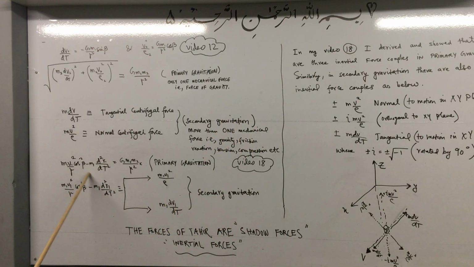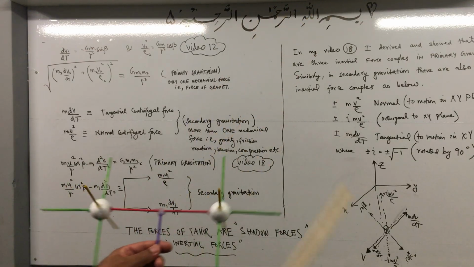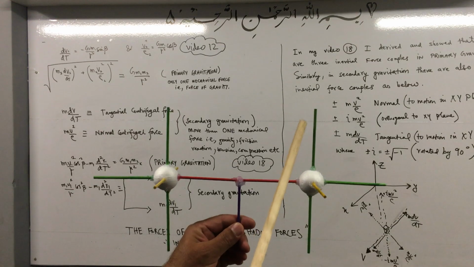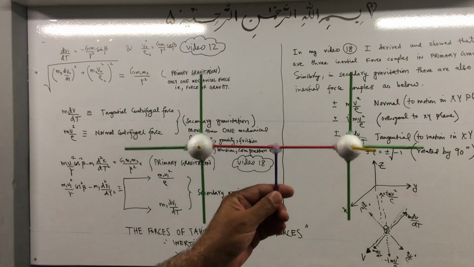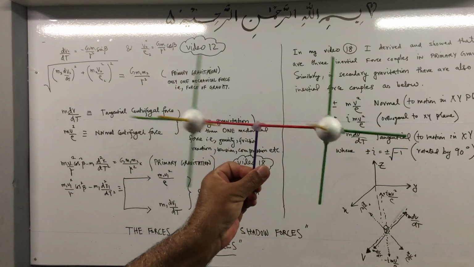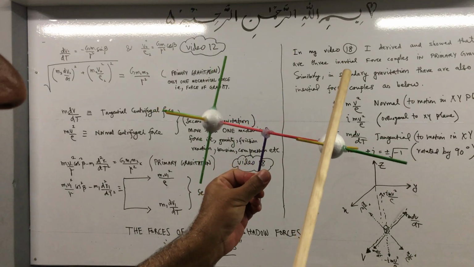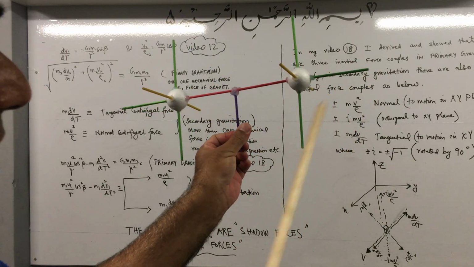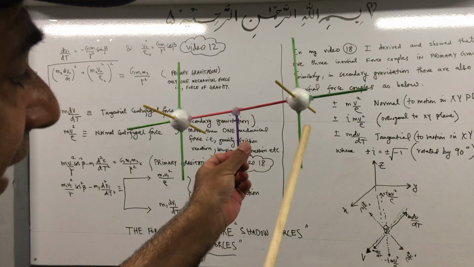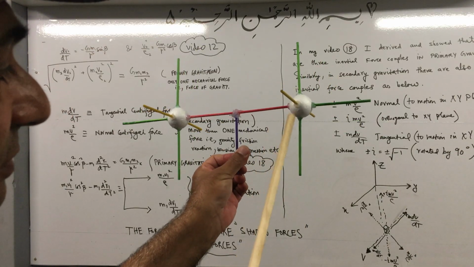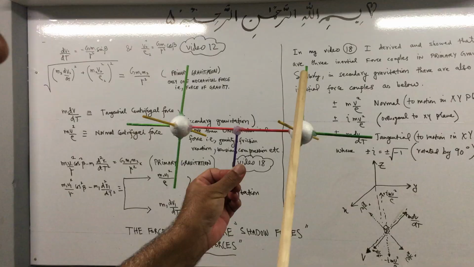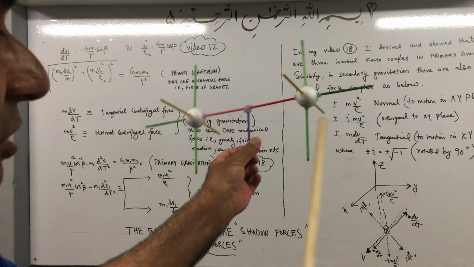I have proven these three couples in video 18. This couple is out of the plane of rotation. The two binary stars rotate in this plane. This couple does not counteract any mechanical force or the component of a mechanical force, so they remain intact and cancel each other.